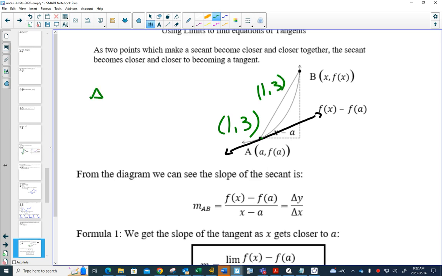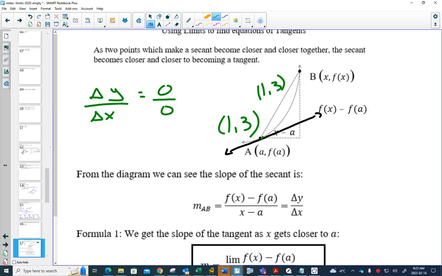I want to find my change in y over my change in x. My change in y is 0, my change in x is 0. I have a problem. I can't figure that out. It's not allowed. So the best I could do was to make point B as close as possible and measure that.